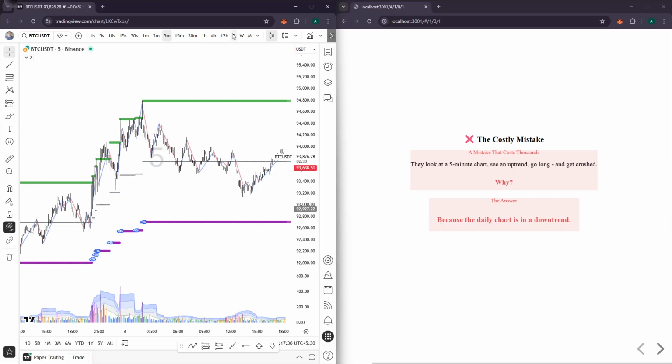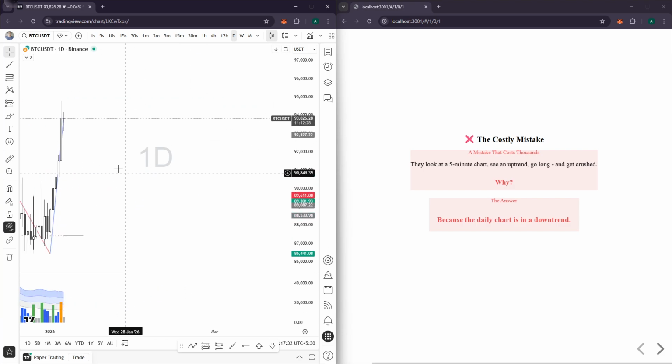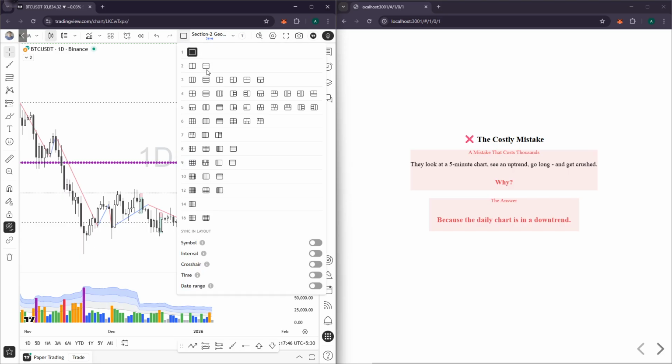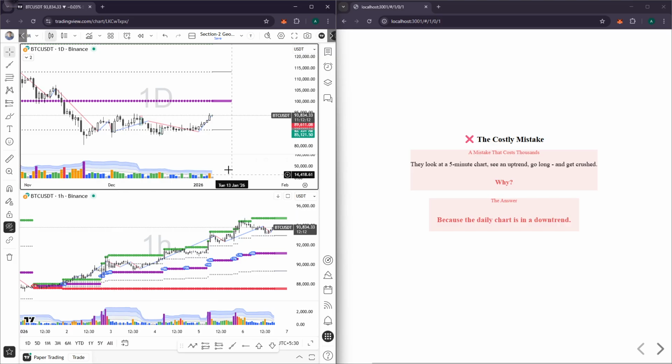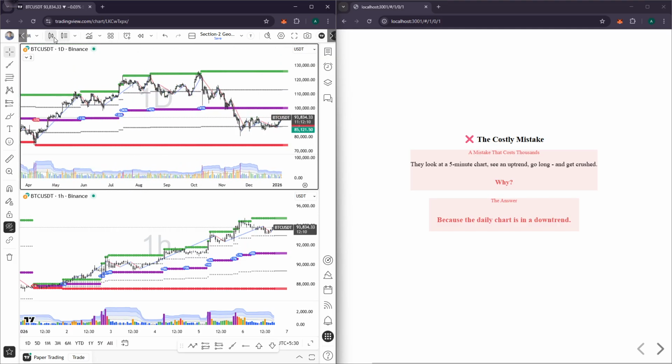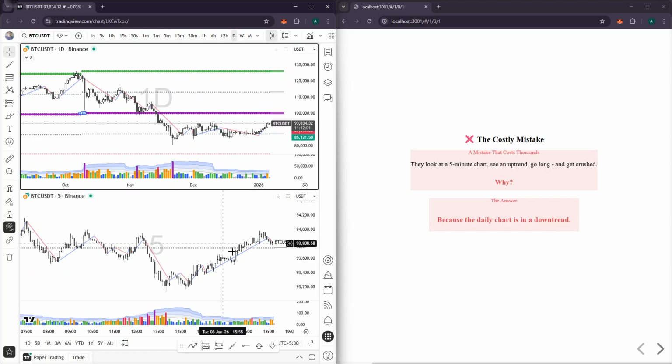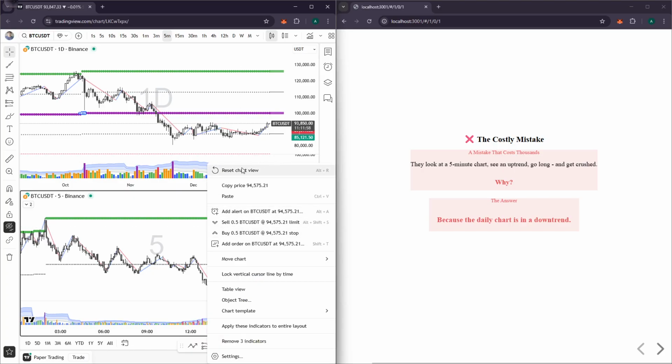So if I come here and put the daily time frame, what we see is that the daily time frame is in an uptrend right now. We can see here this is an up wave, this is a down wave. So I'll put it like this. Here I'll put the daily time frame, let it be there, and here I'll put the 5 minute time frame.